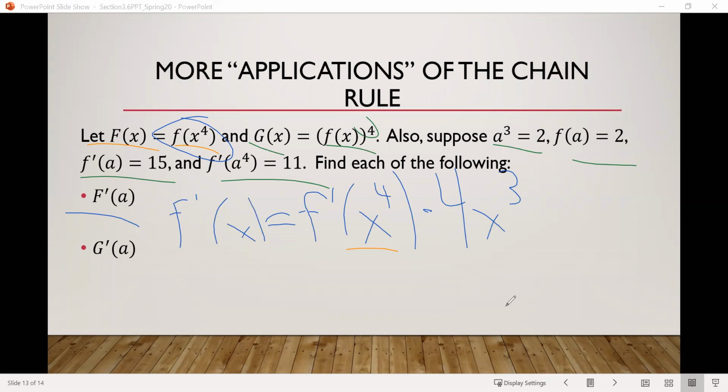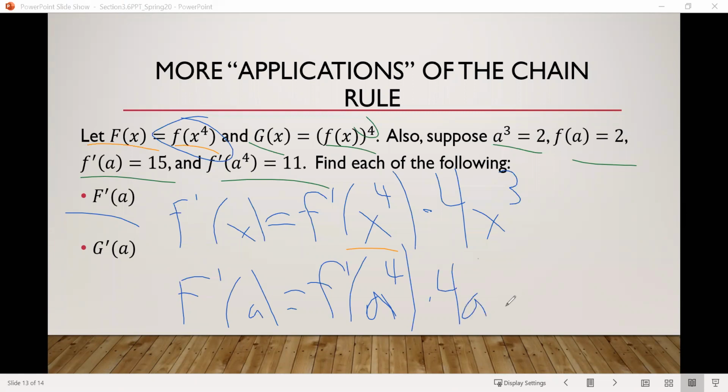Now we can evaluate that at a, so we get f prime of, now instead of x to the 4th, it'll be a to the 4th, because the a is replacing the x, times 4a to the 3rd. And then we're told in our givens that f prime of a to the 4th is equal to 11. So this really becomes 11 times 4a cubed, which simplifies to 44a to the 3rd.